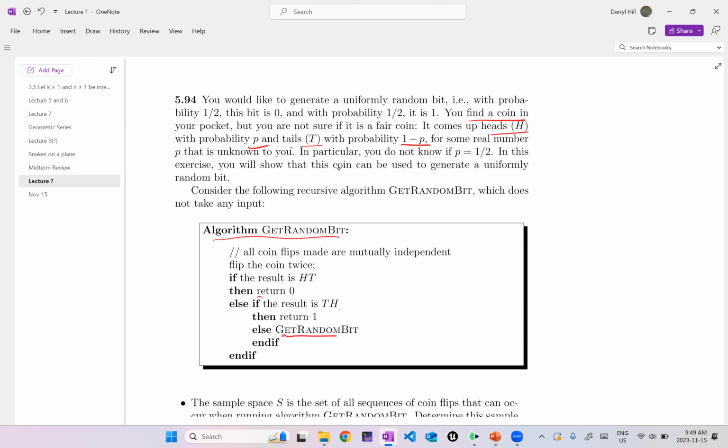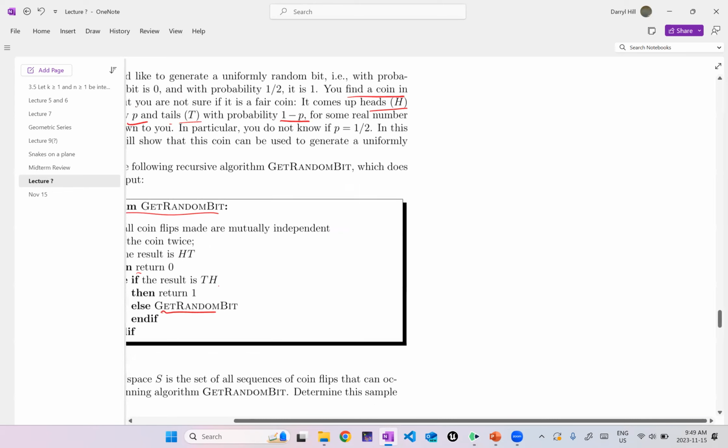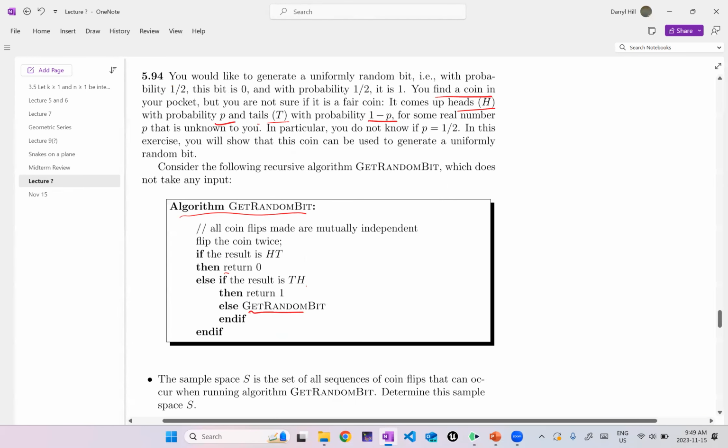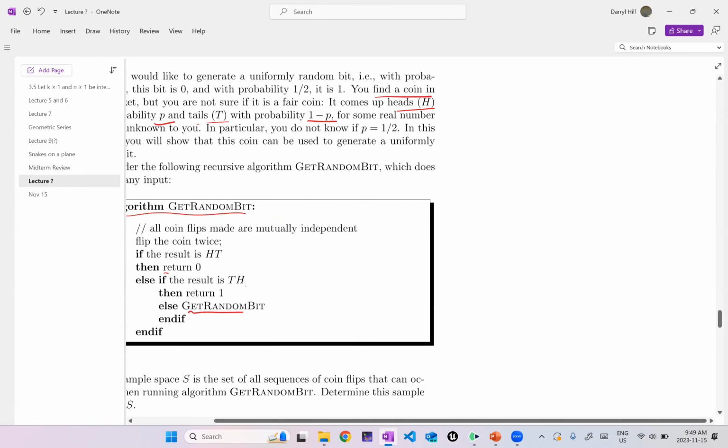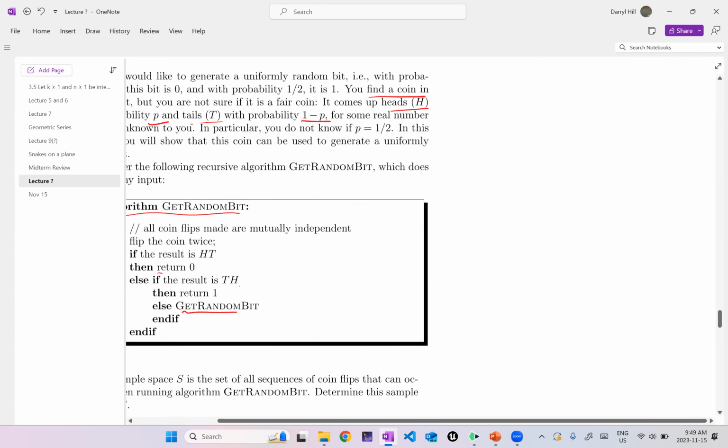So everybody clear on the problem that we're solving? And we're going to prove that now I get a 1 with probability 1/2 and a 0 with probability 1/2 using these infinite sample spaces. So if I look at the outcomes, heads, tails.